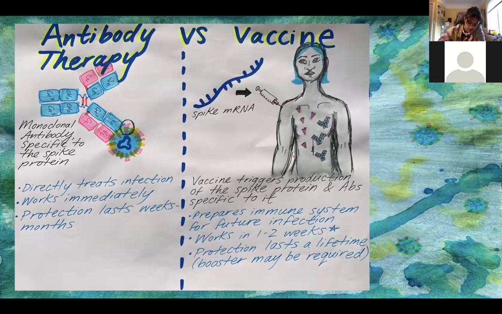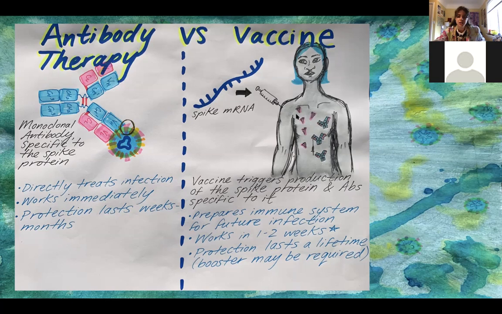Unfortunately, it only gives you protection for weeks to months. So the only real option to make something like SARS-CoV-2 go away for good is a massive vaccine campaign that's going to span the entire globe. So the difference between vaccines and antibodies is that a vaccine is made out of the genomic information of the virus.